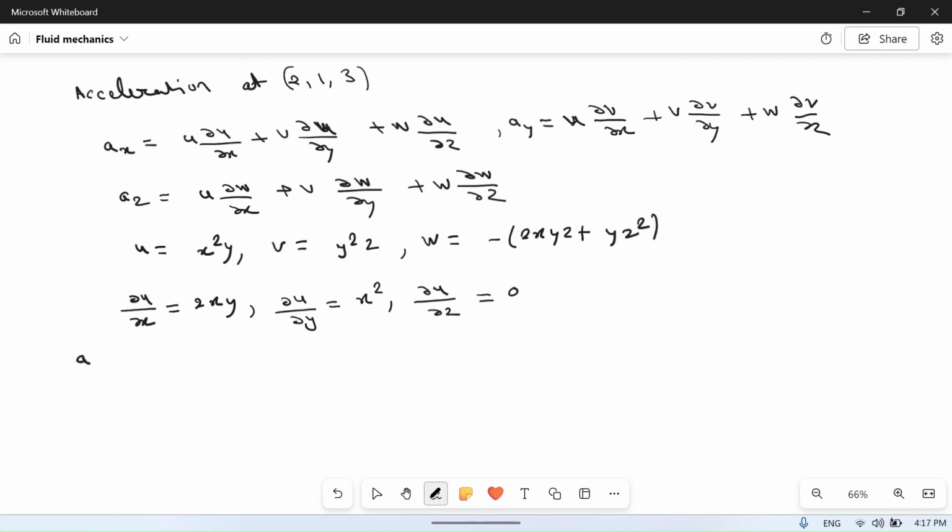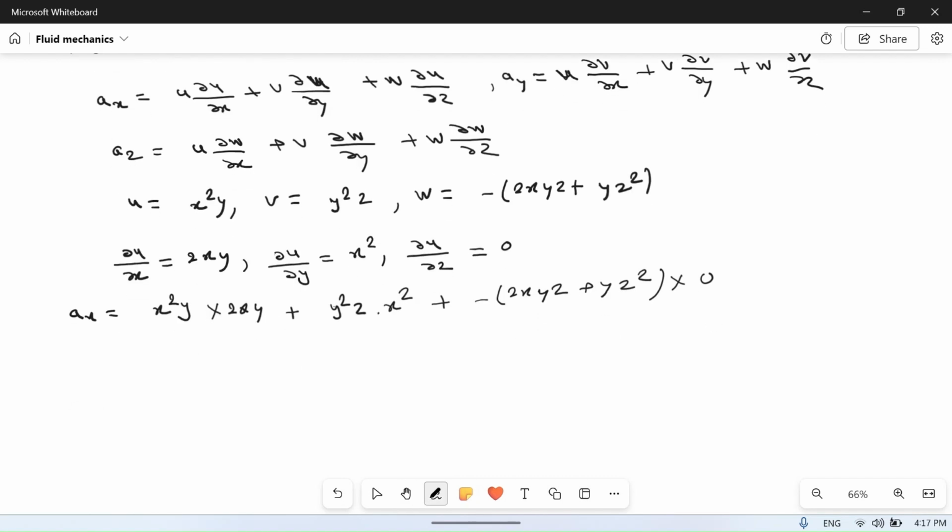So ax will become u into del u by del x. So u is x square y into del u by del x, which is 2xy, plus v, which is y square z, into del u upon del y, which is x square, plus w, which is minus 2xyz plus yz square, into del u upon del z, which is 0.